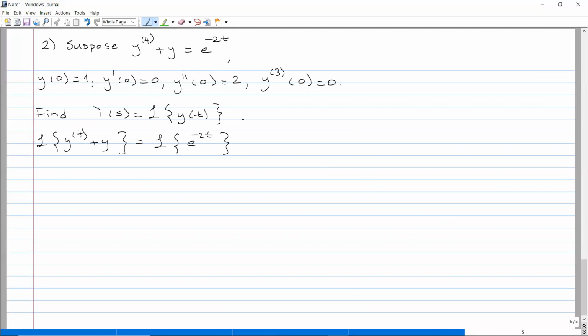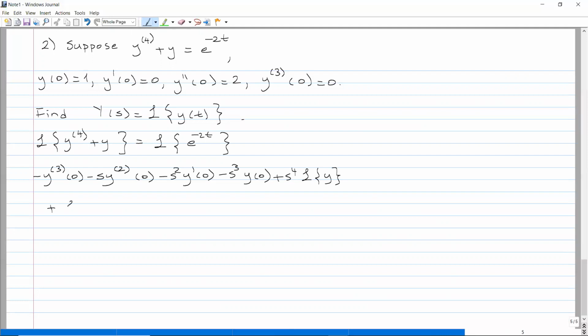Okay, the fourth derivative of y, by our formula, we start with minus the third derivative at 0, minus s times the second derivative at 0, minus s squared times the first derivative at 0, minus s cubed times y0, plus s to the 4 times Laplace transform of y.